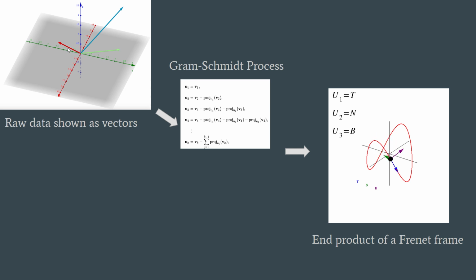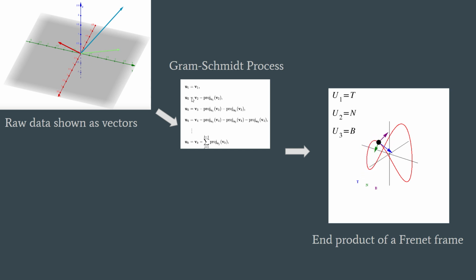We're going to start off with three random vectors going in random directions, and we're going to compartmentalize them into orthogonal vectors. Basically, what the Gram-Schmidt process is saying is we take one vector and keep that. Say this is our thrust, which would be like our tangent vector right here. We keep that one as a reference point, then project the other two onto it, subtract the projection from the random vector, and from that we get an orthogonal one.